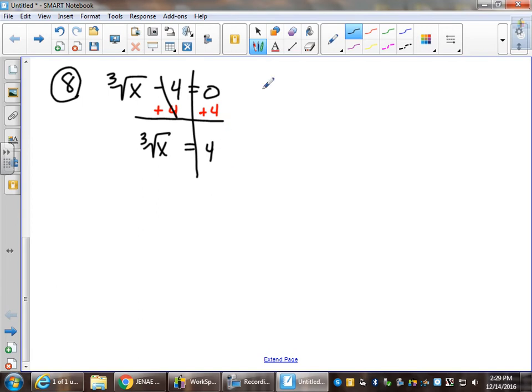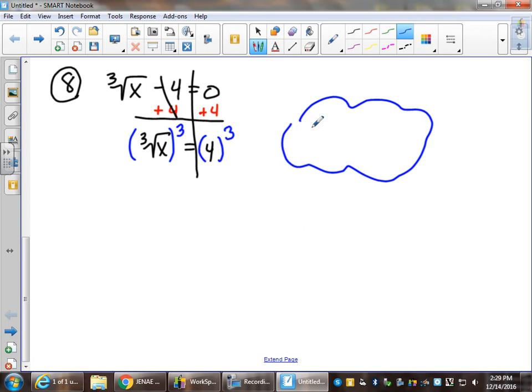To undo a third root, the inverse operation would be to raise both sides to the third power. In class today, we talked about how the third root of anything is the same as raising something to the 1/3. So to undo a 1/3, or to get this to be a 1, I'd have to multiply it by 3.